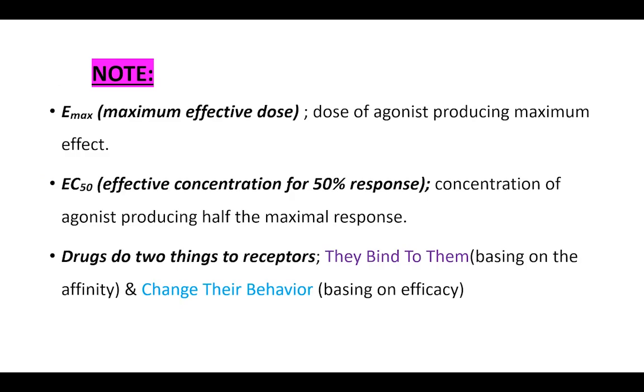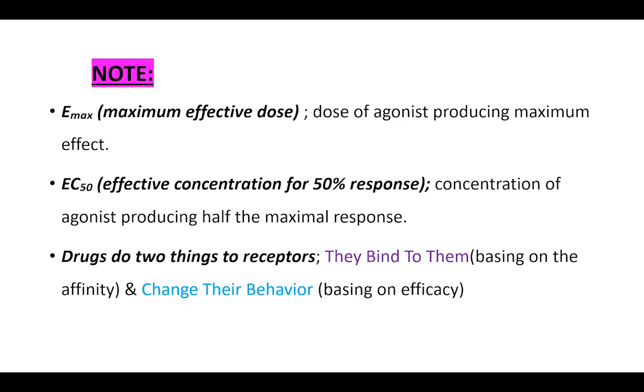So the following are some of the keynotes that we need to put at the back of our mind as we are interacting with the dose-response relationship and the dose-response curve. One is the Emax, and it is indicated properly on the curves in the previous slide.